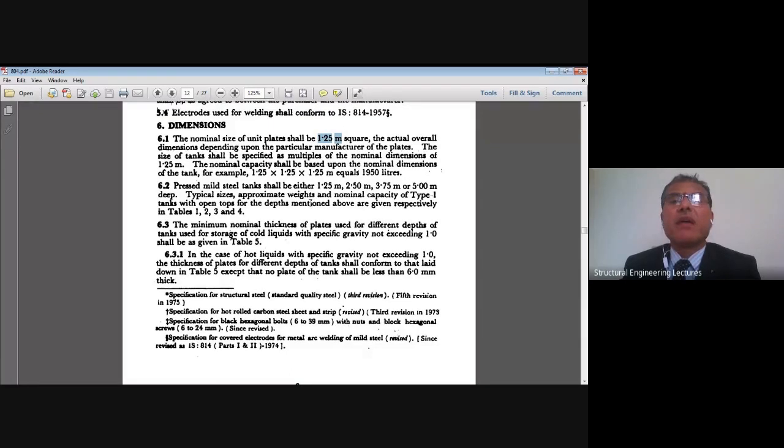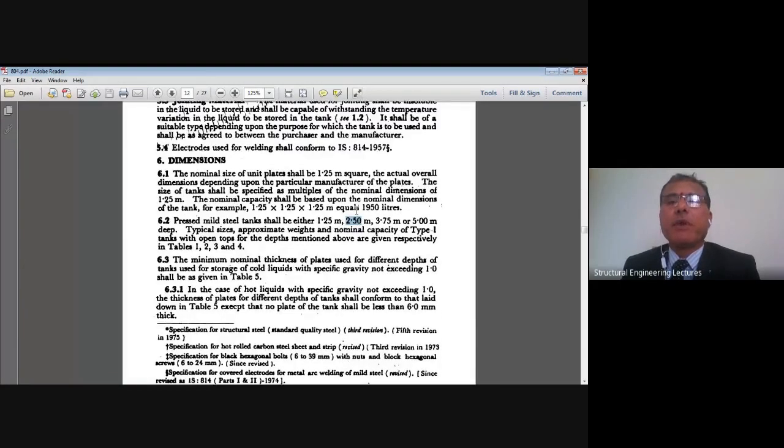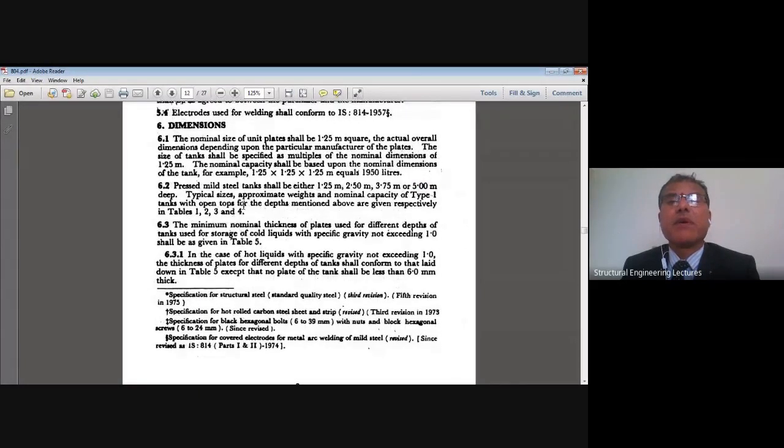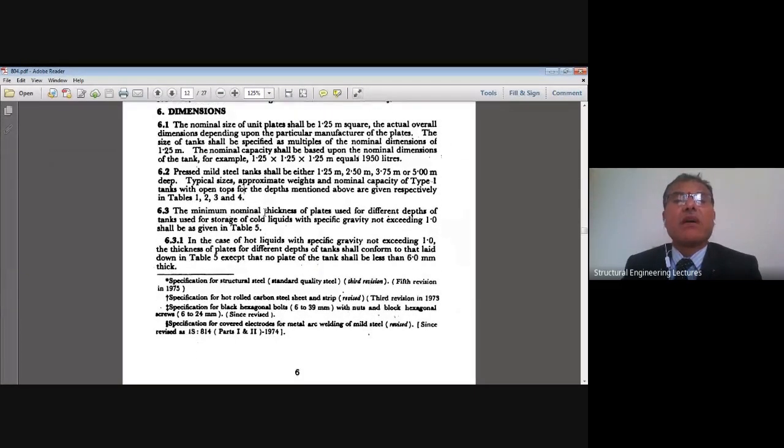Now for the heights, we may provide one tier of 1.25 meter height, or we may provide two tiers. Just now we have seen the previous figure, that was a two tier, 1.25 multiplied by 2, 2.5 meter, or three tier 3.75, or four tiers, 4 multiplied by 1.25 is 5 meters. That is the maximum depth, only four tiers we can add, not more.